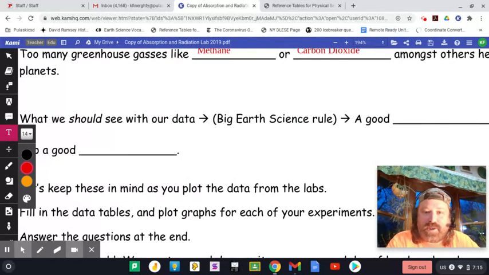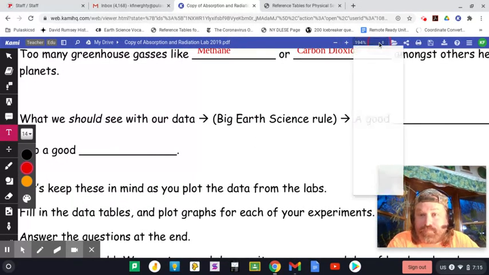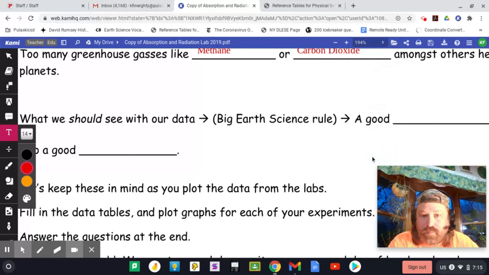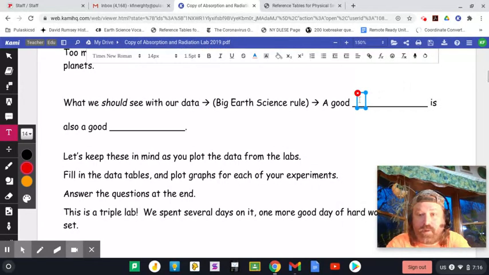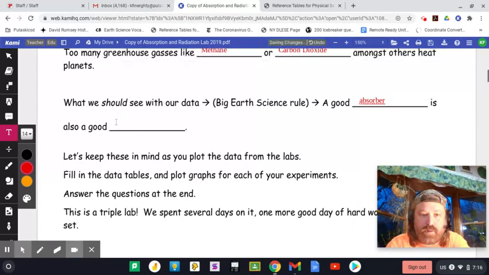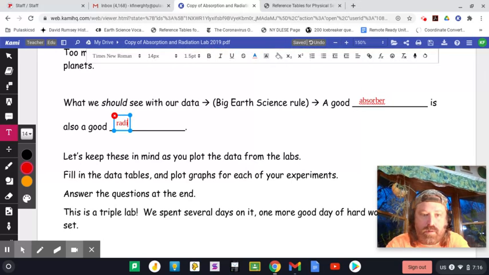All right, what we should see with our data, this goes for all the labs, and it's a bigger science rule. A good absorber is also a good radiator. Something that efficiently heats up also is going to efficiently cool down.